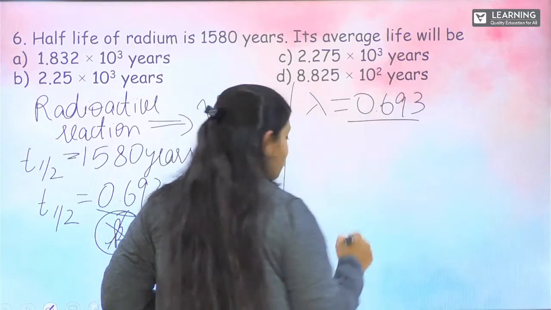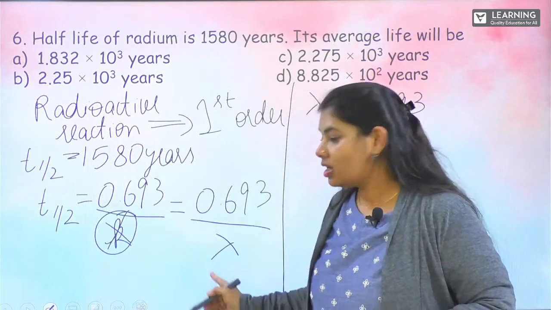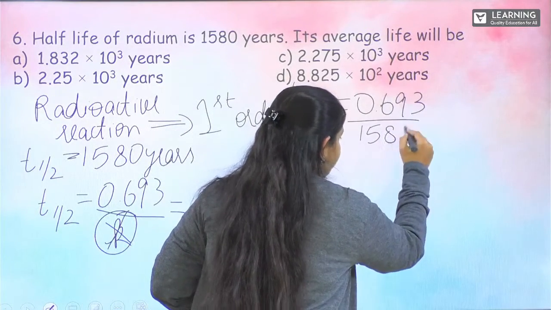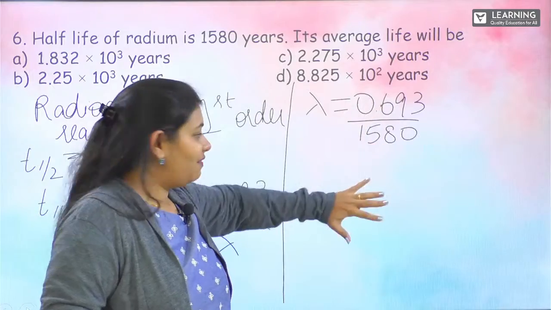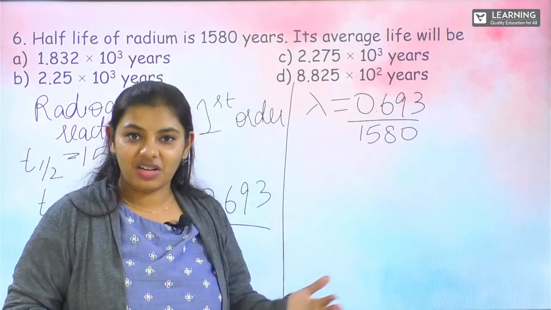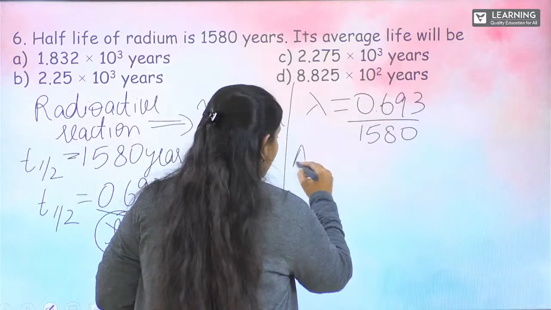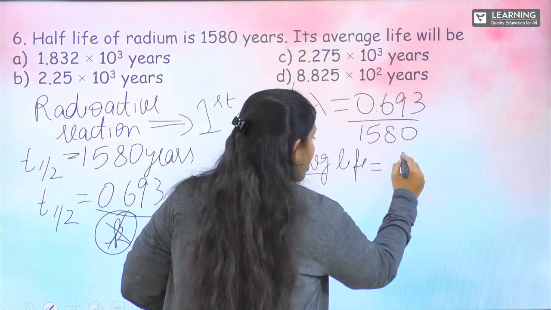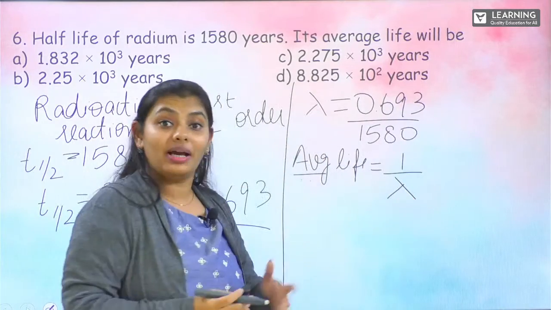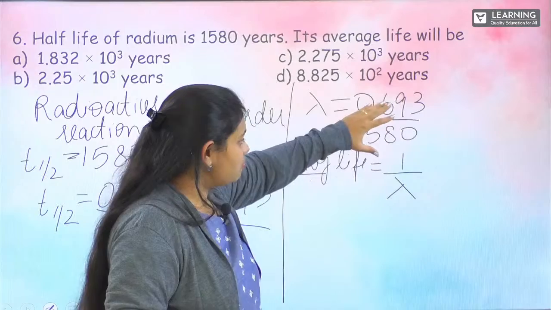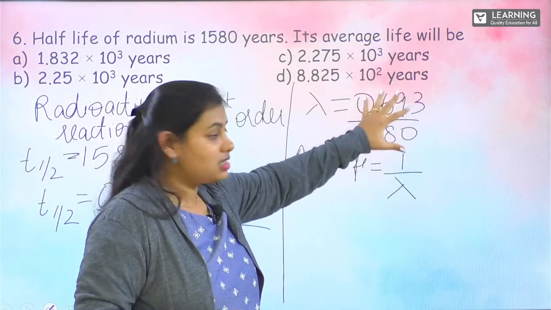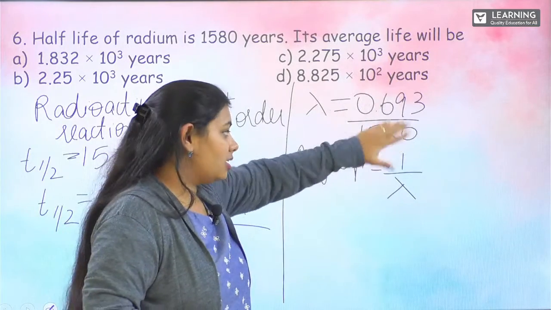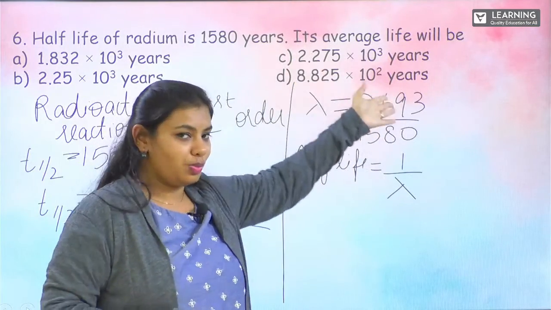Lambda is 0.693 by T half. T half is given over here, 1580. We just have to divide it. But since I'm talking about average life, it is nothing but 1 by lambda. So if this is taken as 1 by the entire amount, we just have to interchange it, as in the denominator moves to the numerator and the numerator comes down.